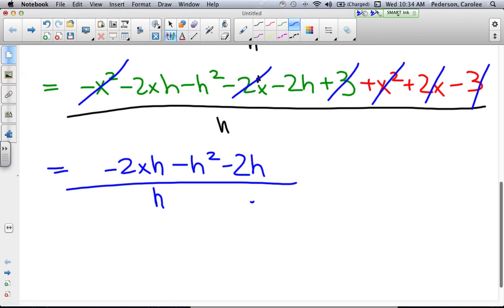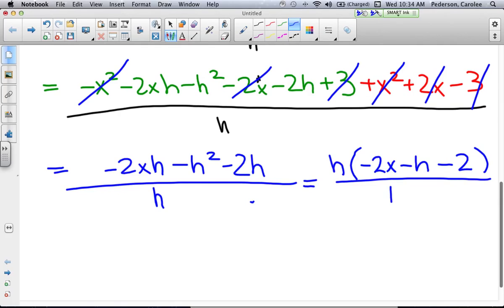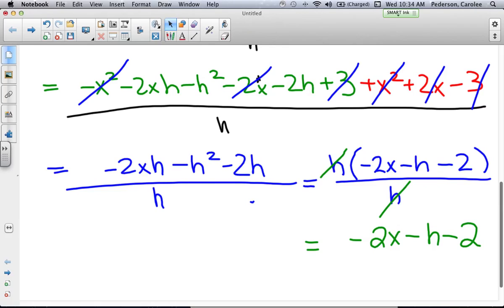Now take out the greatest common factor out of that numerator. So we have an h, and we're left with negative 2x, negative h, negative 2, all over h. And then what you can do is you can cancel this common factor. And then your final answer is what's in that parentheses, minus 2x minus h minus 2. All right, I'm going to go ahead and grab the next one.